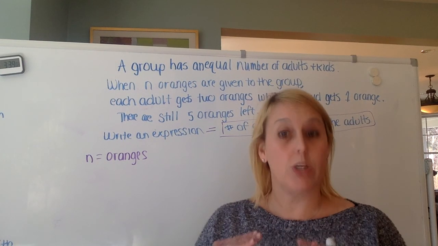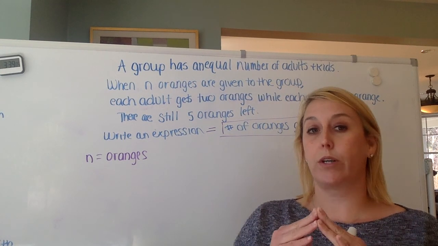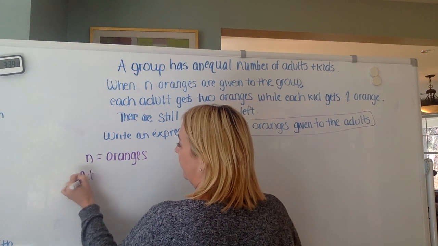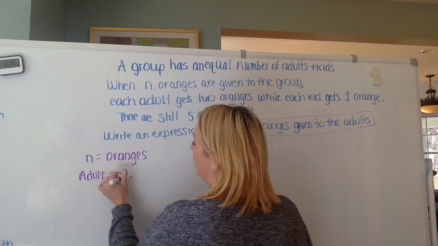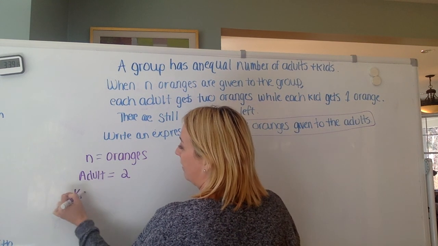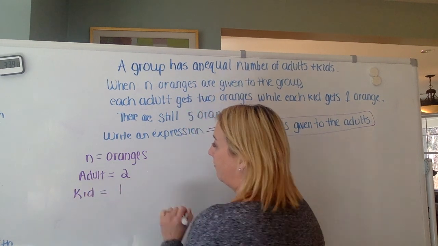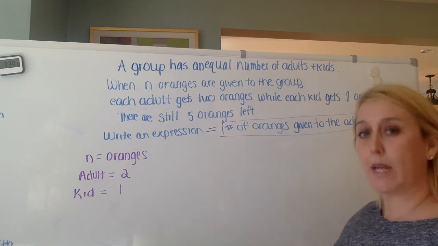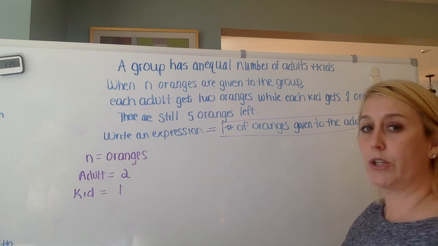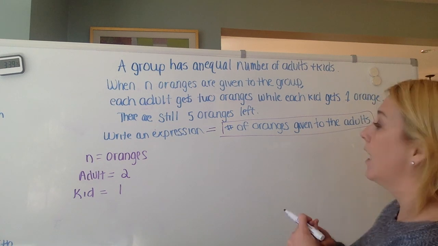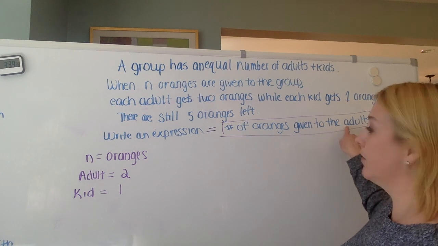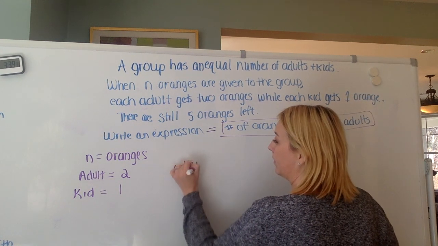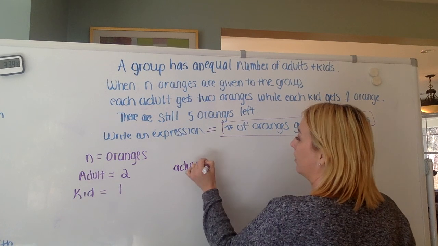But we know the ratio or the relationship between how many oranges are given. So for an adult, I'm going to put A for adult. Adult gets a 2, and kids get 1. So out of that relationship, could you make an algebraic expression that would show the fraction of how many oranges an adult gets, adult to whole, right?